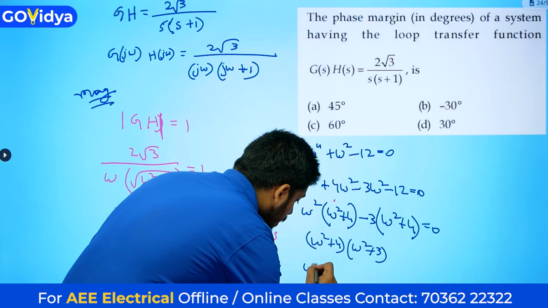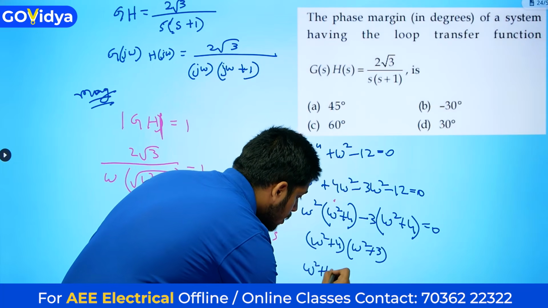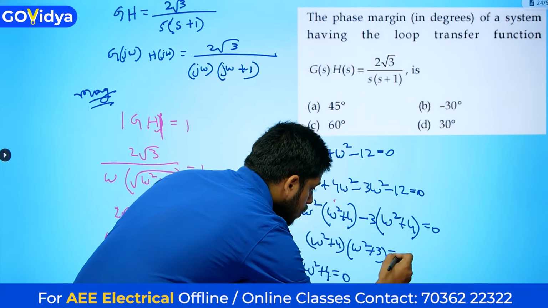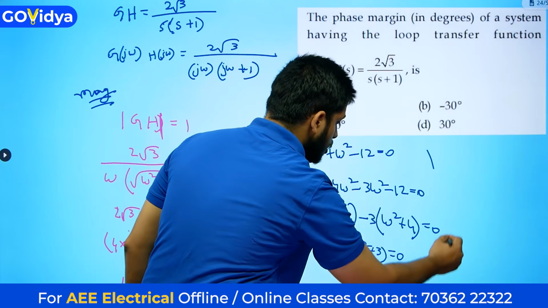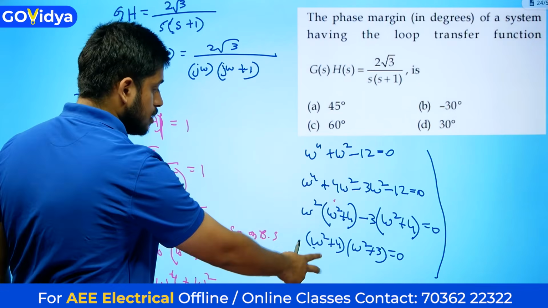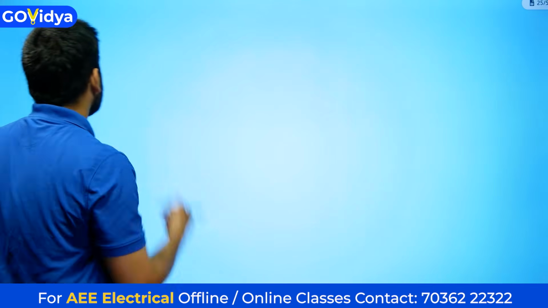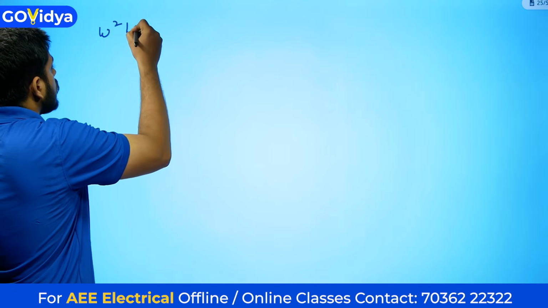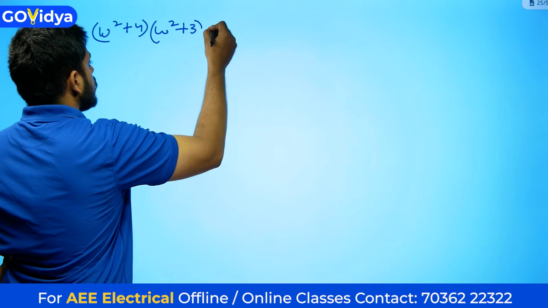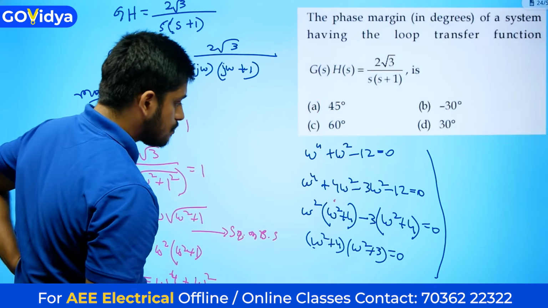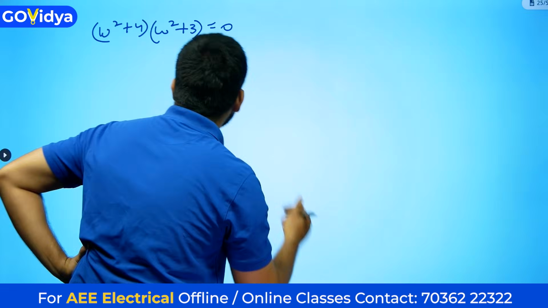Next, omega square plus 4 is equal to 0. Sorry, I think something is minus: minus 3. Okay, this is not plus, this is minus.